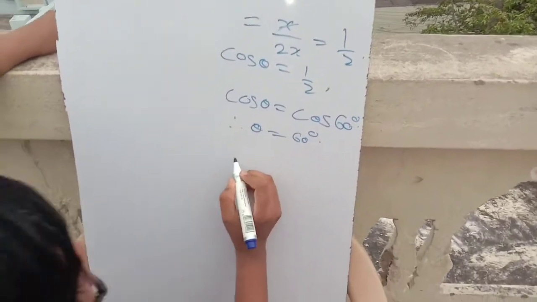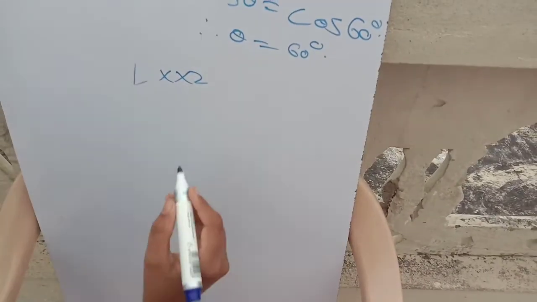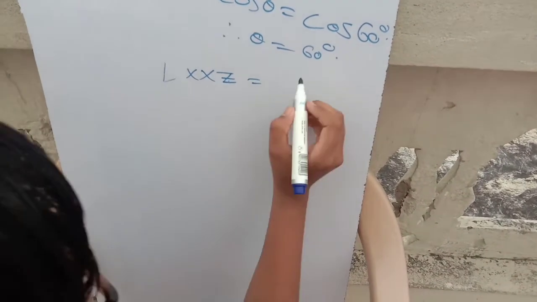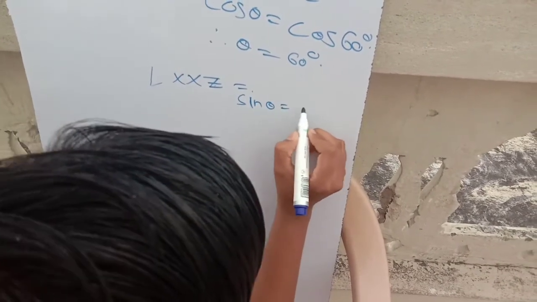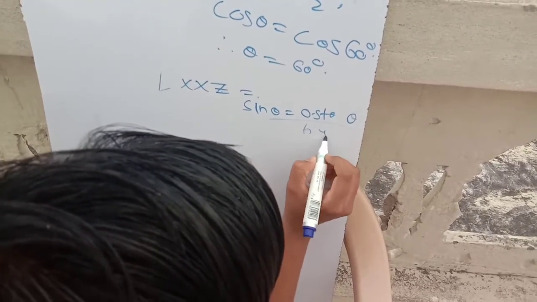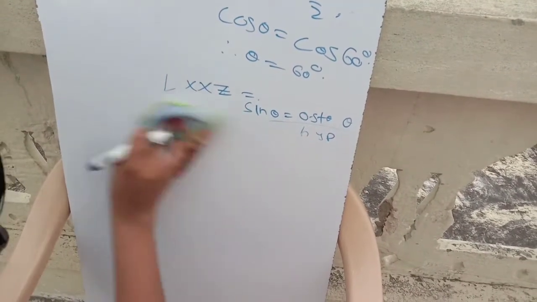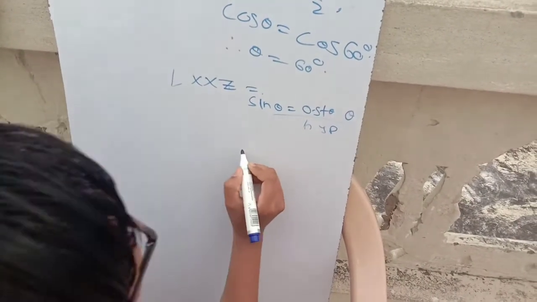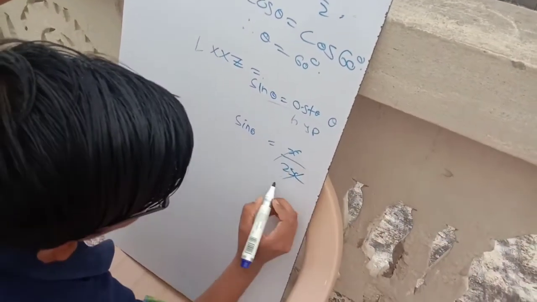So first we will apply sin theta for angle YXZ. So for angle YXZ, sin theta is equal to the opposite side to theta by hypotenuse, which is equal to x by 2x. So the x is going to be cancelled.